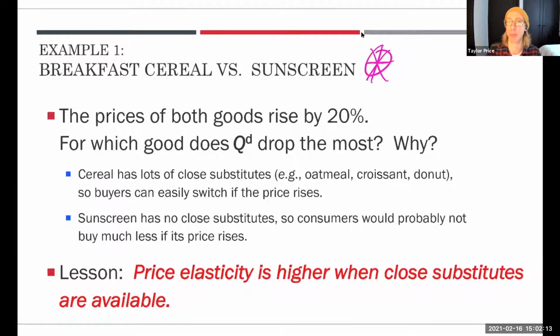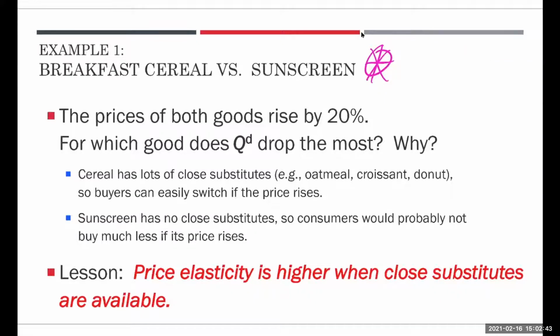Now, there's a weird separate type of goods that I'm not going to get into too much, but I'll briefly mention it. Luxury goods can be a status symbol. For some luxury goods, an increase in price actually makes people want to buy more because it's a status symbol. That's a unique type of good that we won't really talk about, but I want you to be aware that it is out there. Okay, thank you.